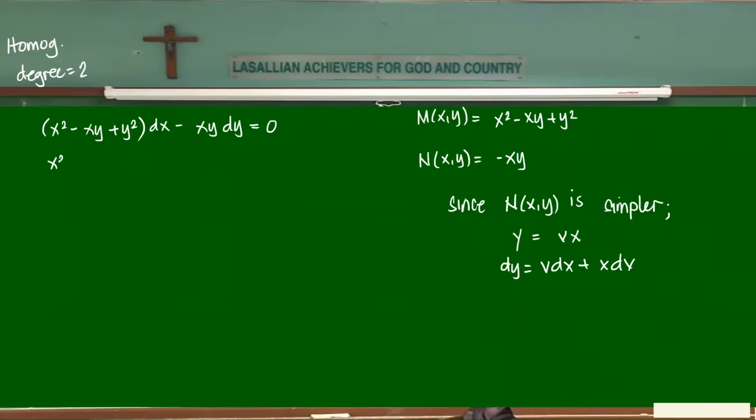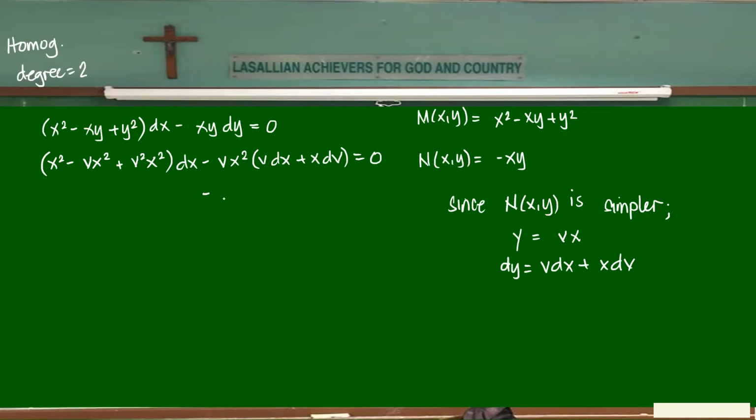So x squared minus x times vx, so vx squared plus v squared x squared dx minus the y becomes vx, so vx squared times v dx plus x dv is 0.